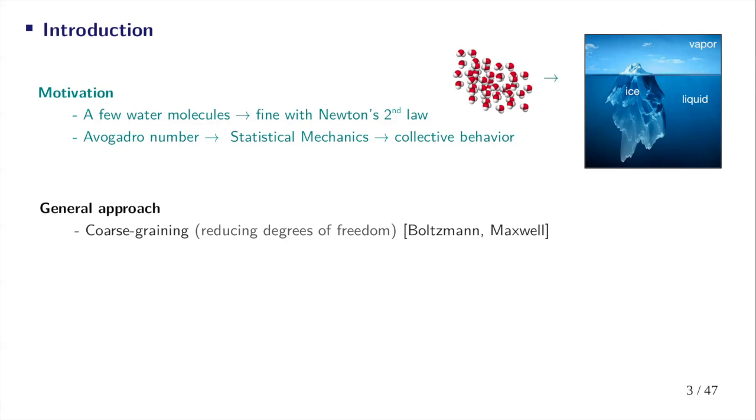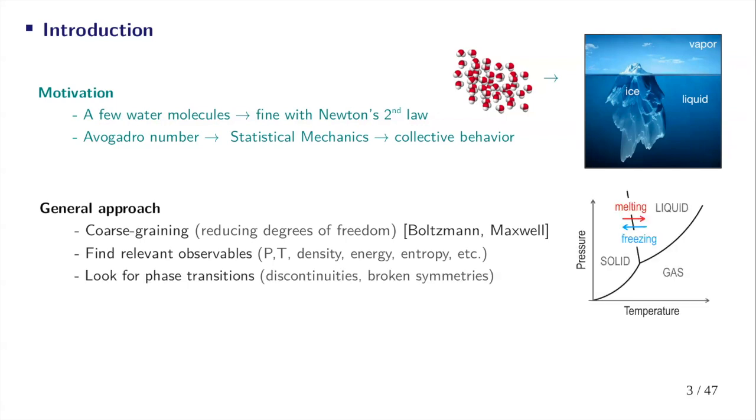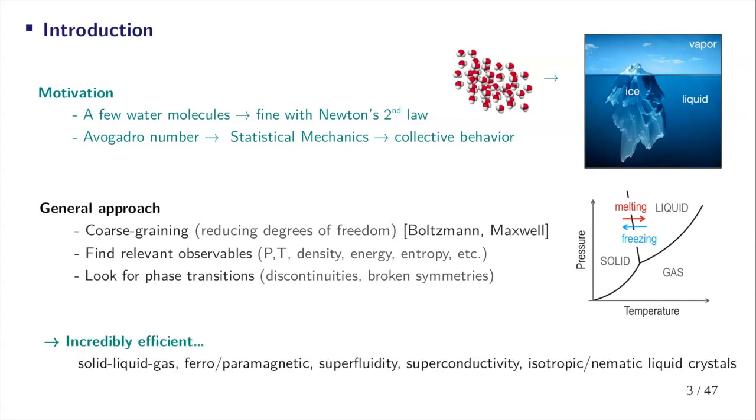In equilibrium, and this is what I'm going to present here, usually, and we owe this approach to Boltzmann and Maxwell, you coarse-grain, you reduce the number of degrees of freedom, and you find your relevant observables, which are the pressure, the temperature, the density, anything that seems relevant. You look for discontinuities in your system, the broken symmetries, and this is what you call phase transitions. This works tremendously well for many systems, to understand the transition between solid, liquid, gas, ferromagnetic and paramagnetic, superfluidity, isotropic and nematic liquid crystals.